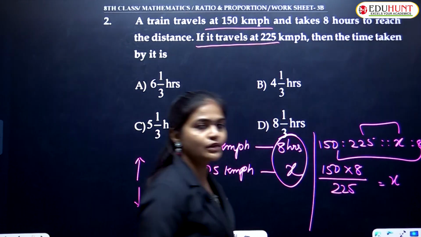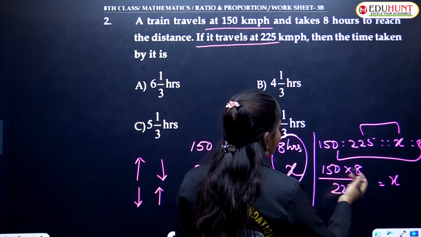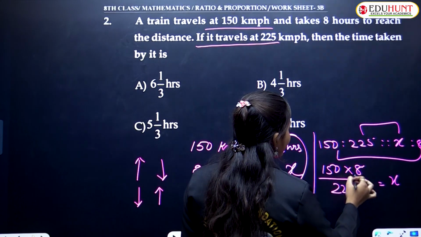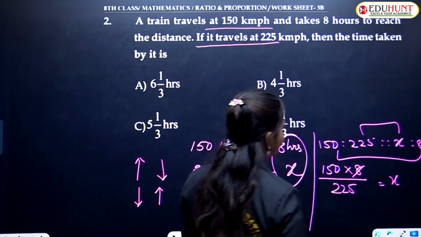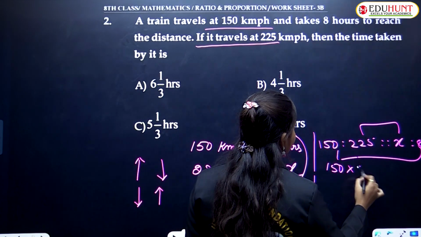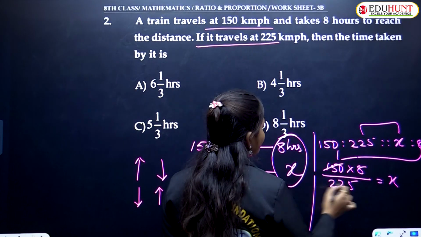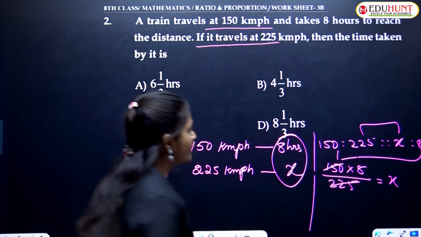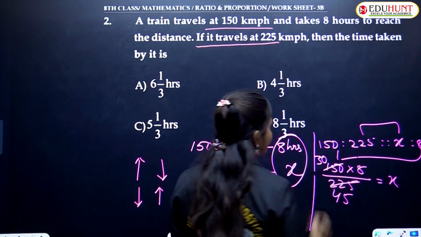Already you are habituated, no? So that's why I am writing directly. So children, see here, which is the correct one? 150 into 8 by 225. So better to cancel by 5 times. 5 4s 20, 5 5s 25, 5 3s 15 and 0.